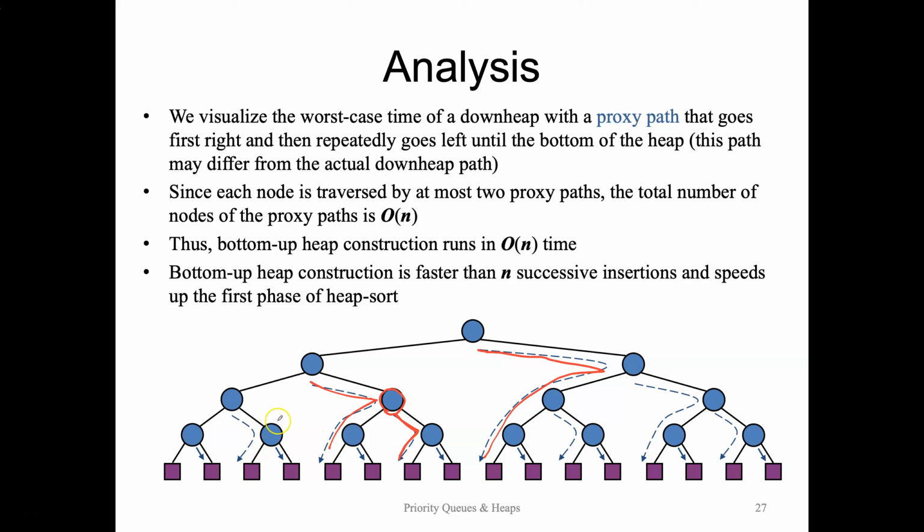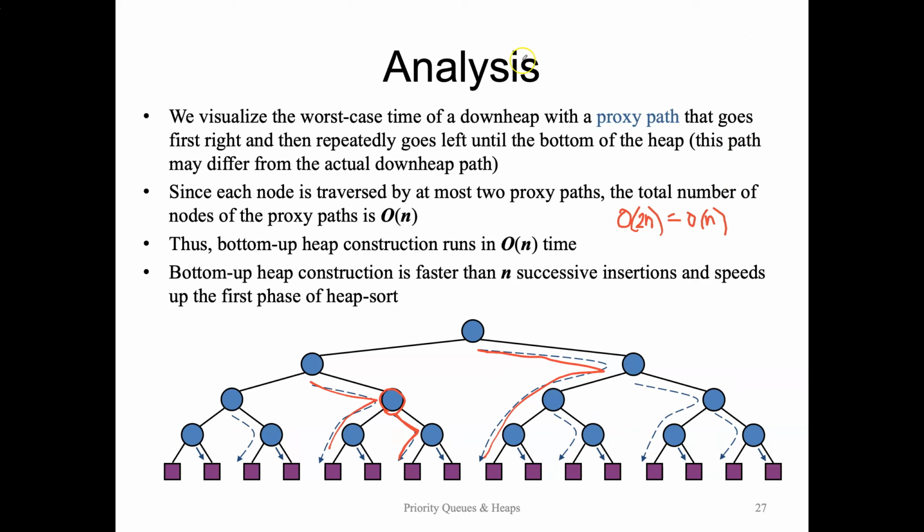So each node only takes part in at most 2 proxy paths, and we have n nodes. So that means we have big O of 2n swaps that occur, which is big O of n. So our bottom-up heap construction runs in total linear time.